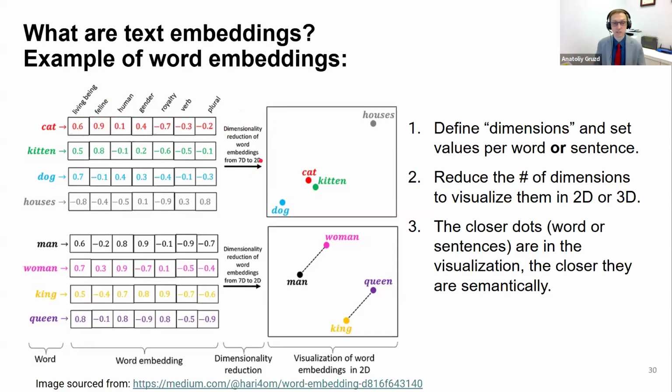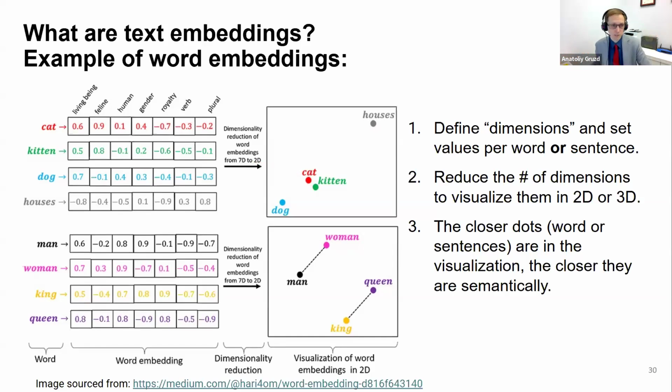These are statistical approaches that reduce the number of dimensions to the number you want. Many of you have maybe done factor analysis. That's very similar, like principal component analysis. You reduce the number of dimensions. In this case, we reduce 7 to 2 dimensions. And once you have 2 dimensions, each word is represented as X and Y coordinates. We can actually visualize it.